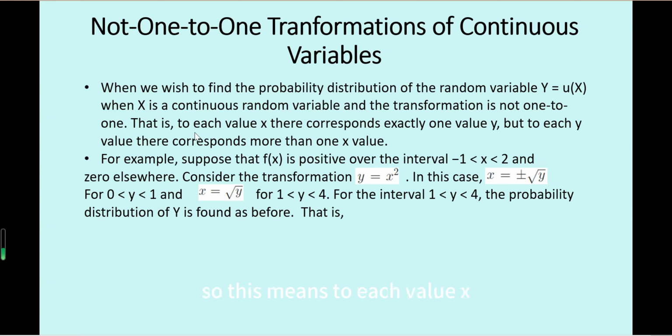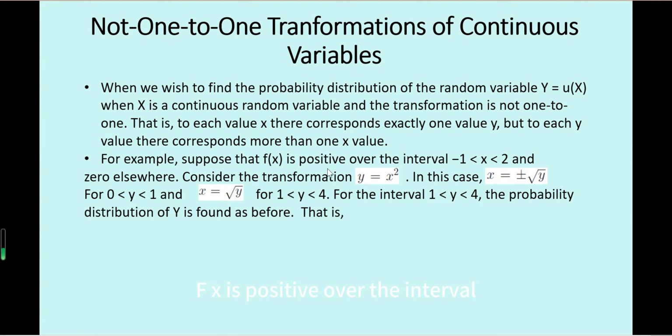This means to each value x, there corresponds exactly one value y, but to each y value, there corresponds more than one x value. So we look at an example.